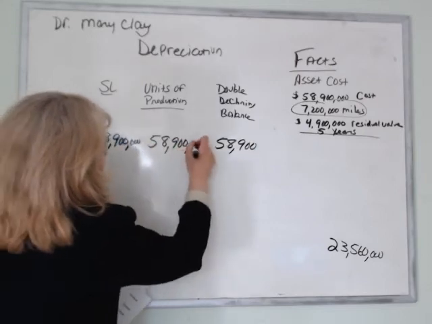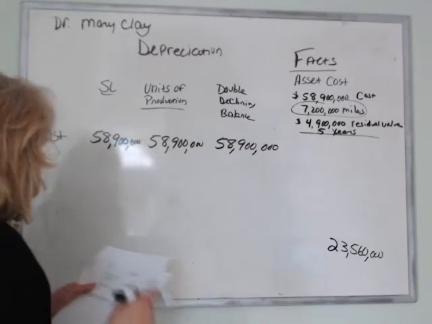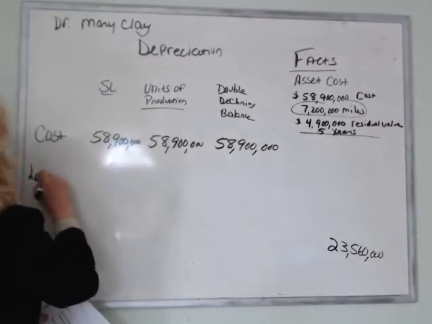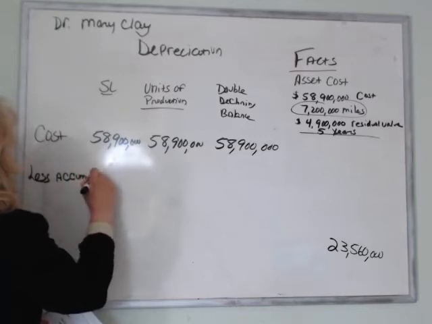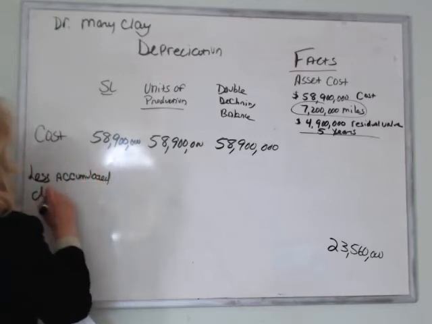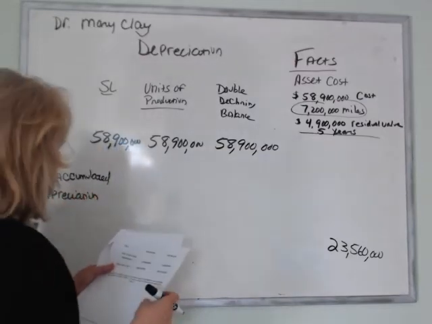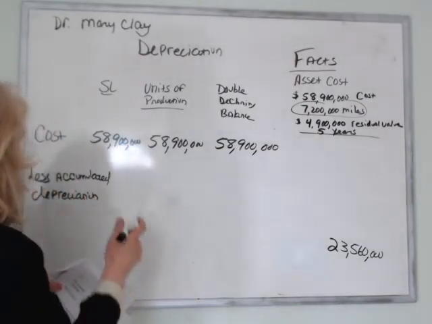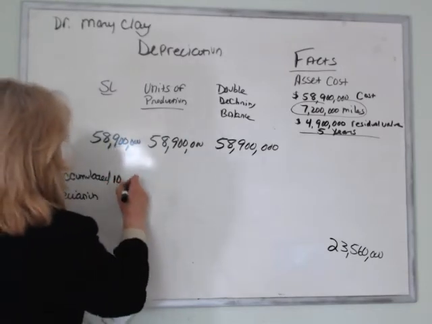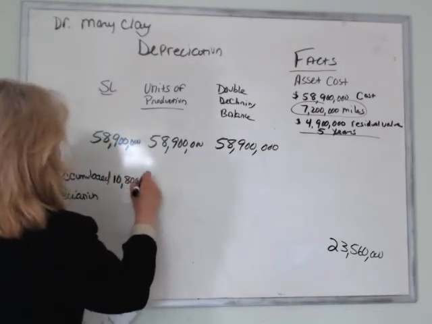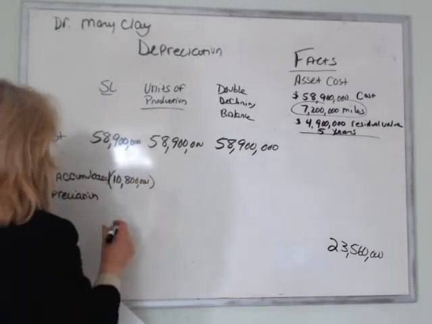Forgetting this is such a large number. All right, so next we have less accumulated depreciation. For straight line, we figured 10,800,000. Okay, remember, this is a contra asset. We're going to subtract this.